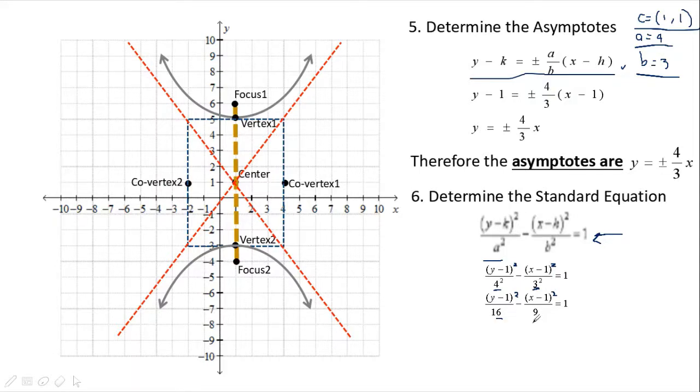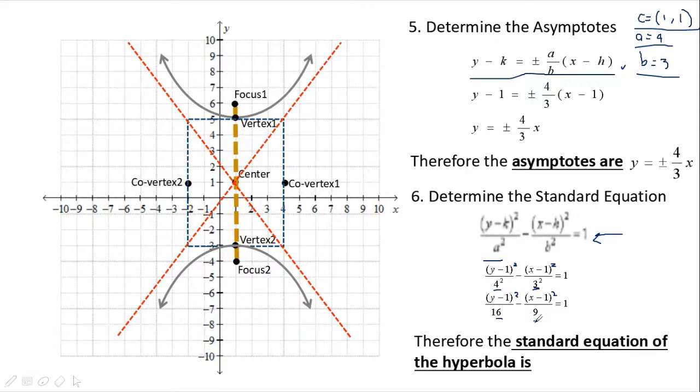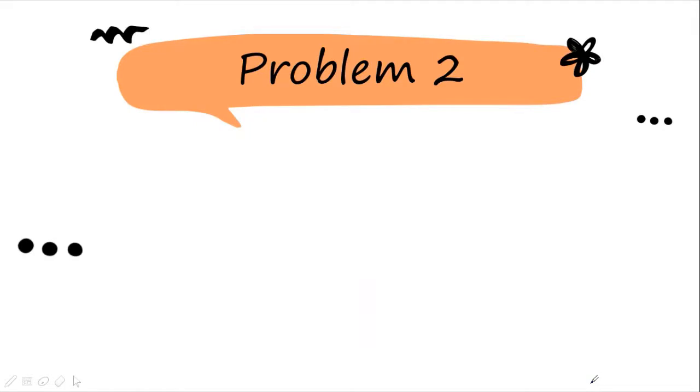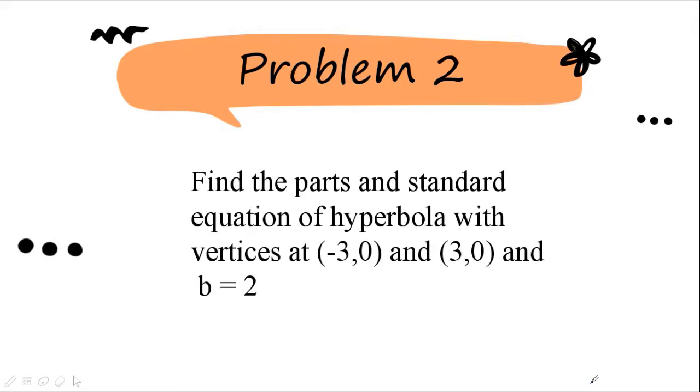Then 3 squared is 9. So the final answer, the standard form of our hyperbola, is (y minus 1) squared over 16 minus (x minus 1) squared over 9 equals 1. Okay, now let's proceed to problem number 2.